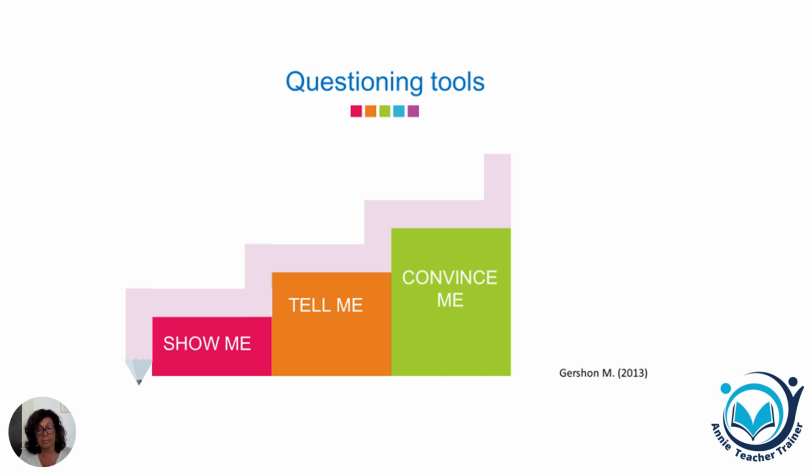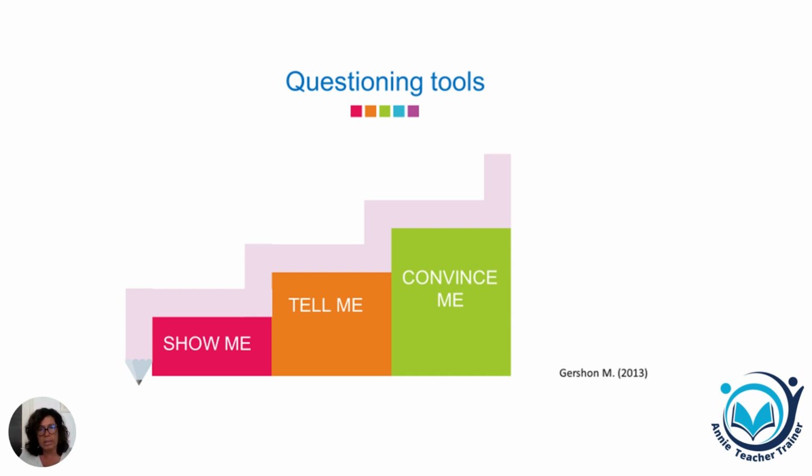Also when they give you the answer, you tell them, can you tell me why that's the right way to answer or why that's the right way to do this? So this is a bit more challenging. And then you have the third one. Convince me. Can you convince me that that's the right way to answer or the right way to do things?